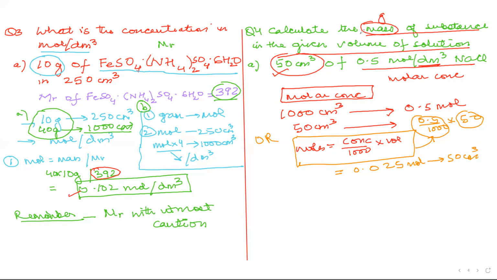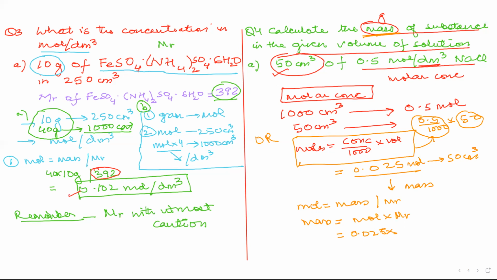Now I need to find the mass, so these moles I'm going to convert into mass, because they're asking for the mass in 50 cm cube. There's another formula for that: moles equal mass over Mr. If we rearrange this formula, mass is equal to moles into Mr. We have the number of moles, 0.025, and we'll multiply this by Mr. What is the Mr for NaCl?